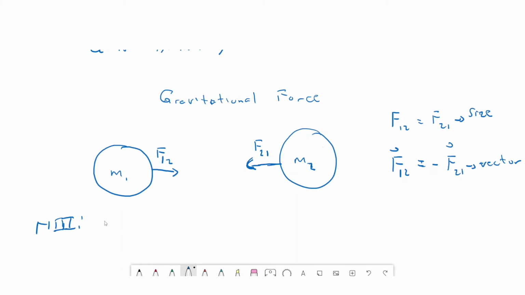It says that whenever one object exerts a force on another object.